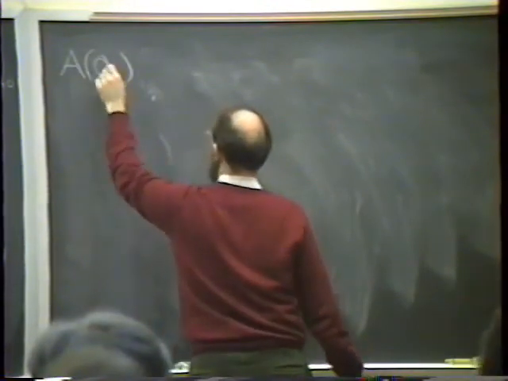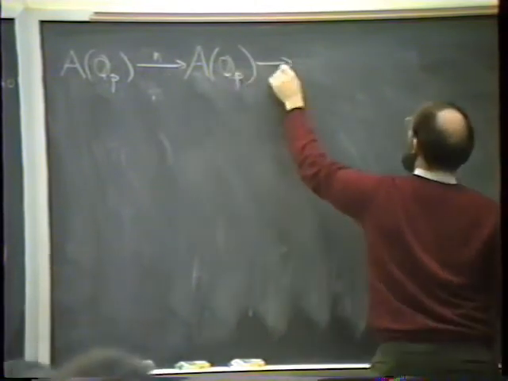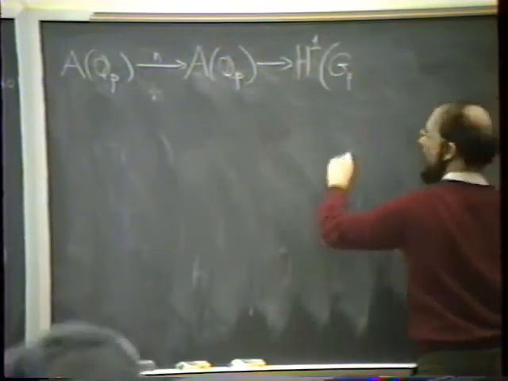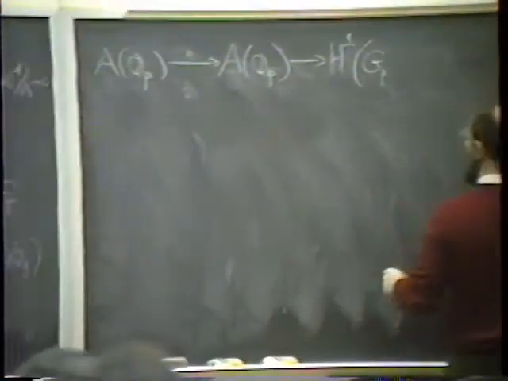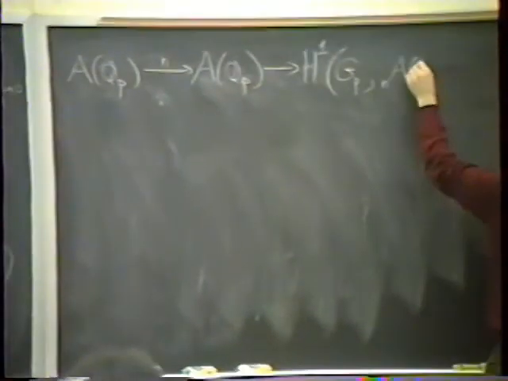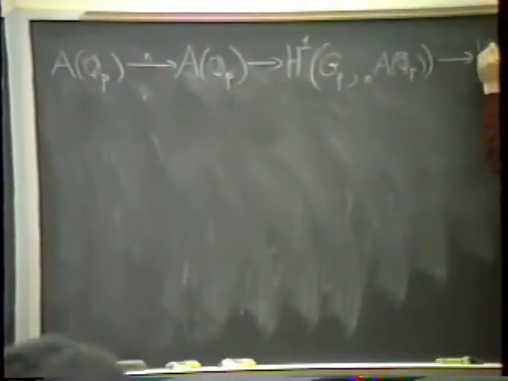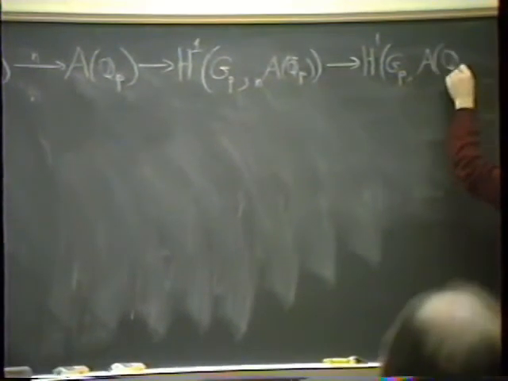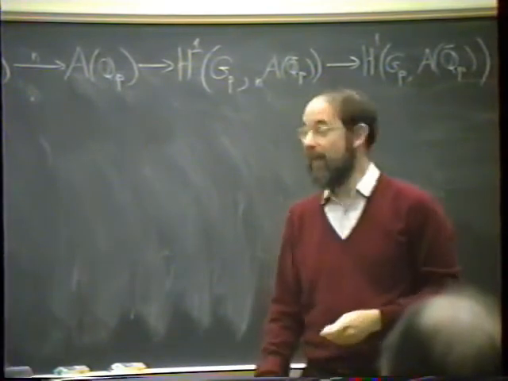Now no bar, I've taken invariants, multiplication by n, A of QP, and here comes H1 of this, let me call it GP, with coefficients in the kernel of multiplication by n, GP bar. And then here comes H1 of GP with coefficients in A. So things are getting a little more sophisticated here.